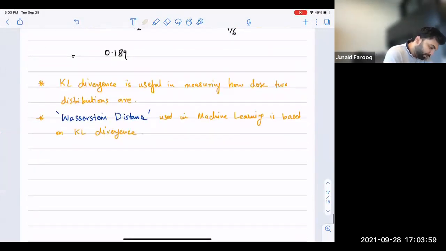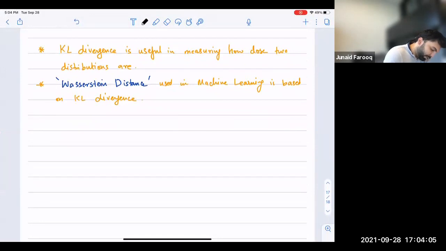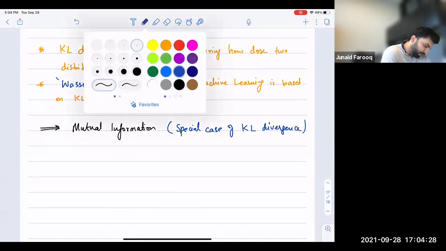But the reason why we discussed the KL divergence is because of its applicability in something called mutual information. So mutual information is actually a special case of KL divergence. Right, so why is it special?